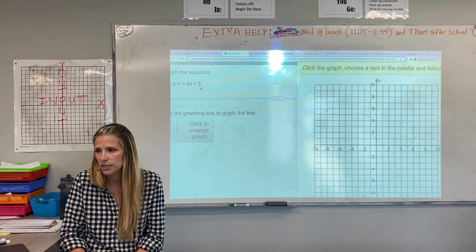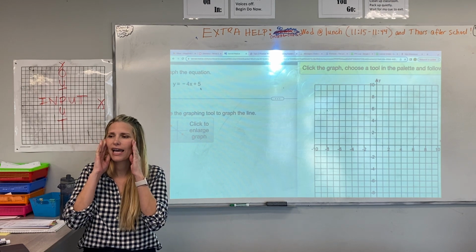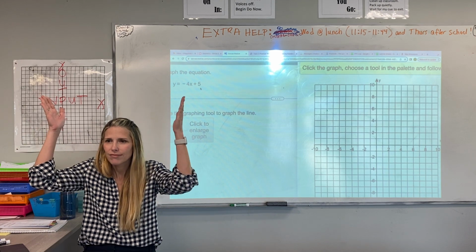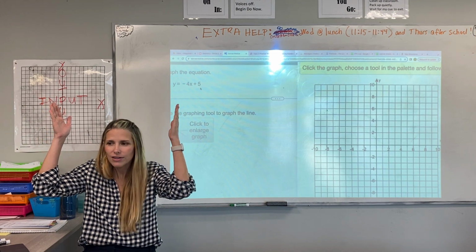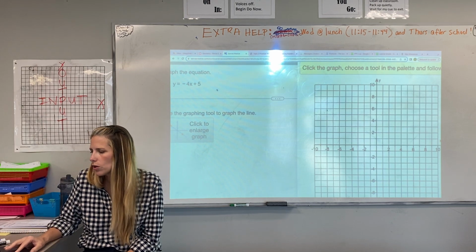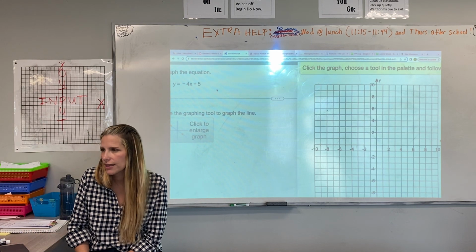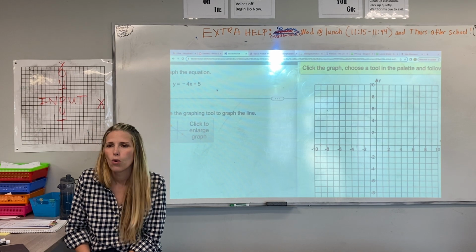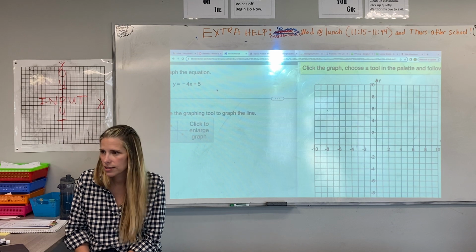What does the absolute value symbol look like? Pretend my head is a number or a variable. That's absolute value. It's like a little absolute value jail. So, since we know that this is a linear equation and not an absolute value equation, what do we do first?